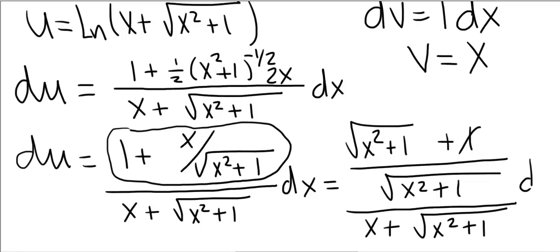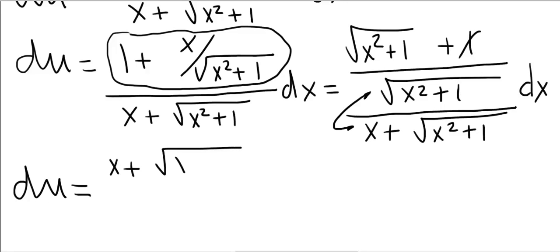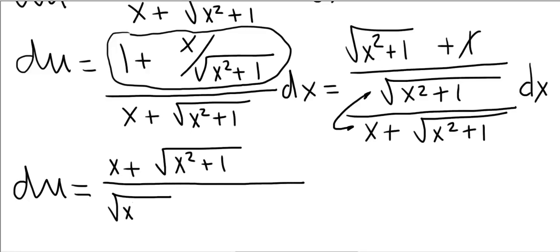And this looks way too complicated to continue, so we need to simplify before moving on to integration. Du is equal to, if you notice that these two belong on the same level, so we can write this as x plus square root of x squared plus 1 divided by the square root of x squared plus 1 times x plus square root of x squared plus 1.